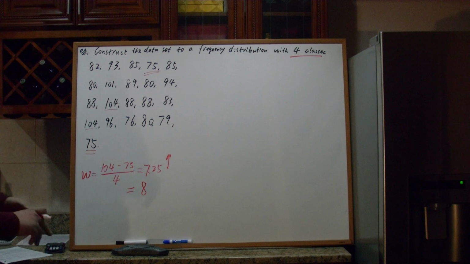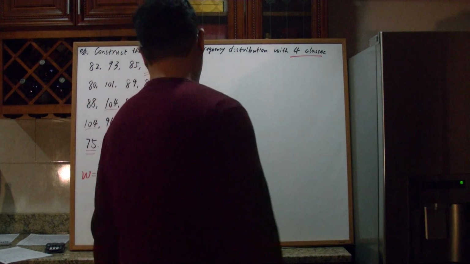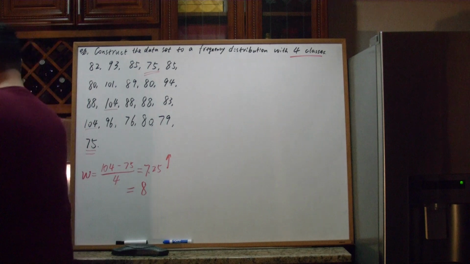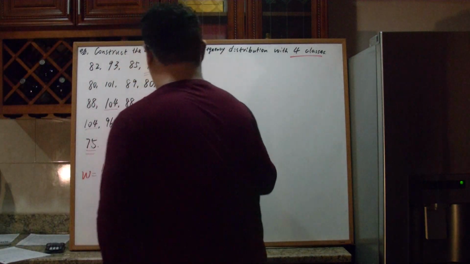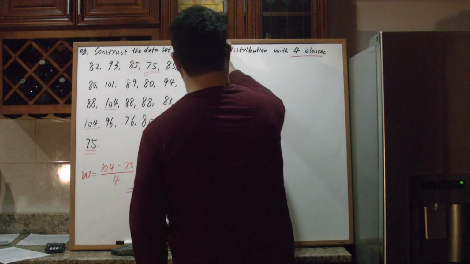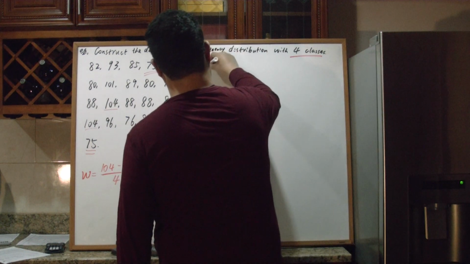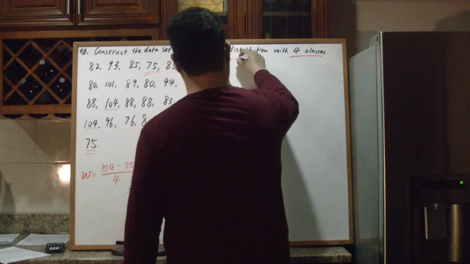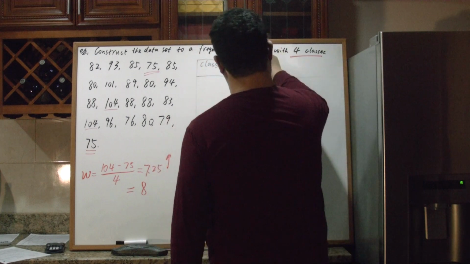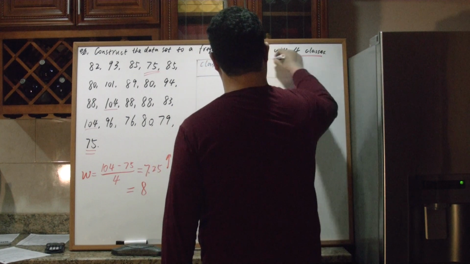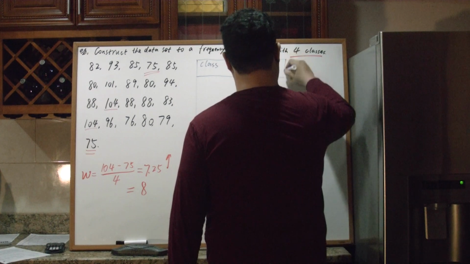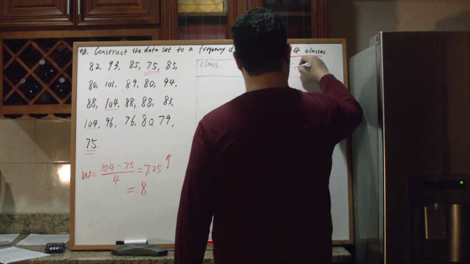Right, then we can construct the table. Class, then we tally at the end, and we'll get frequency.